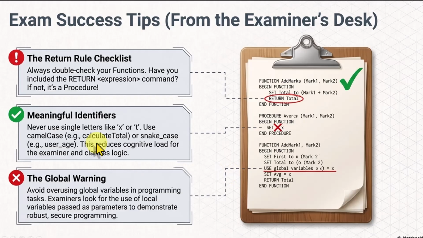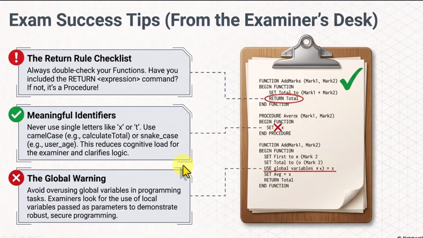Some exam tips. The return rule checklist: if it is a function, be careful about the return statement. You must have it. If you do not have it, then it is a procedure. Then meaningful identifiers: again we are telling you, try to use meaningful identifiers, never use single letters like X or T. For identifiers with more than one word, use camel case or snake case.